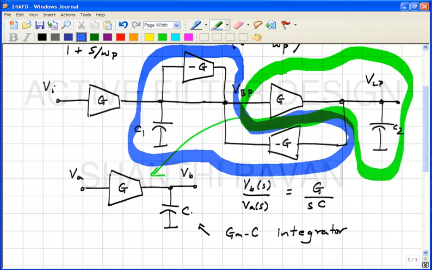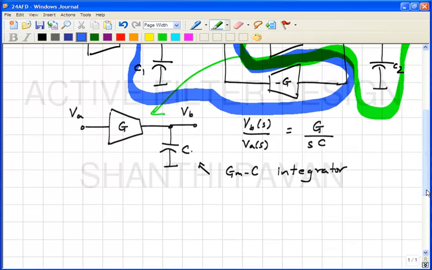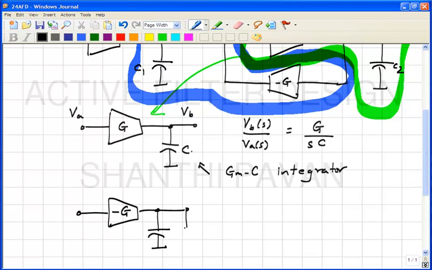Well, this also can be thought of as a transconductor pushing current into a capacitor in parallel with a resistor. In this particular case, that resistor also happens to be 1 by G.